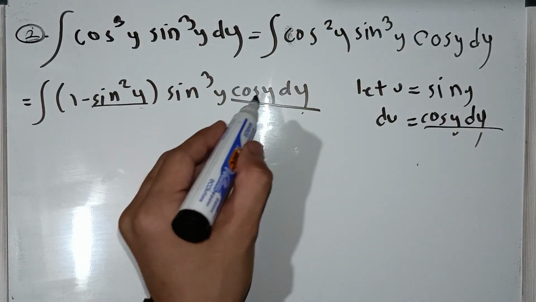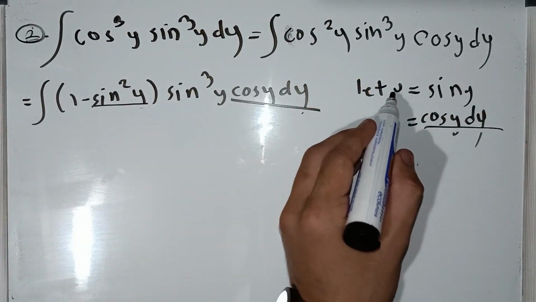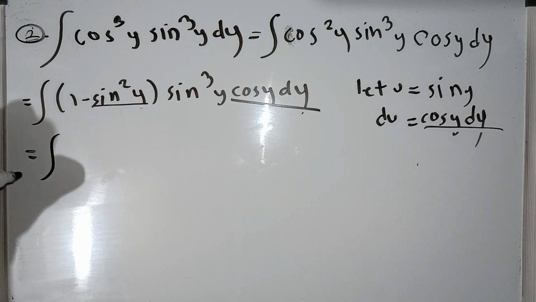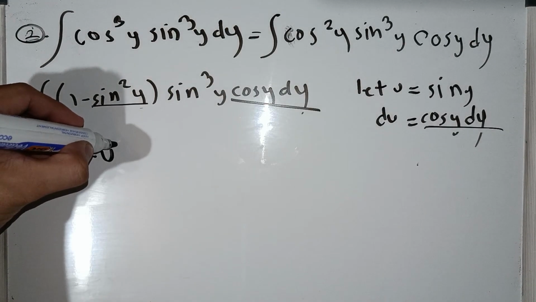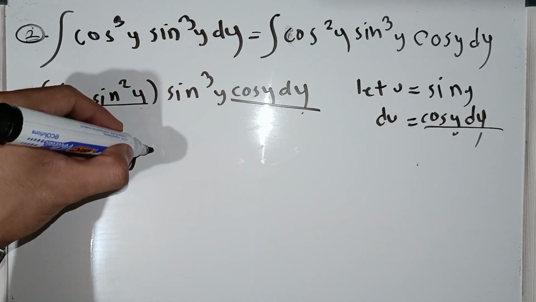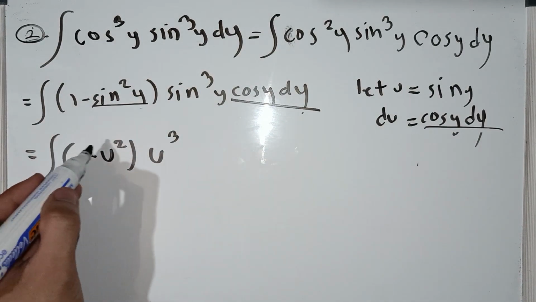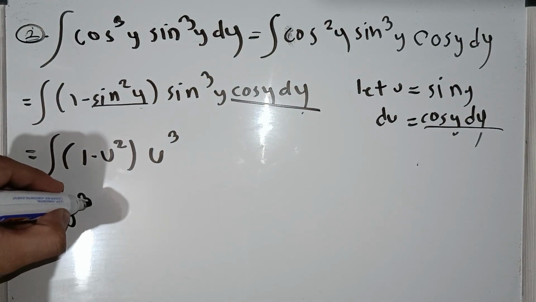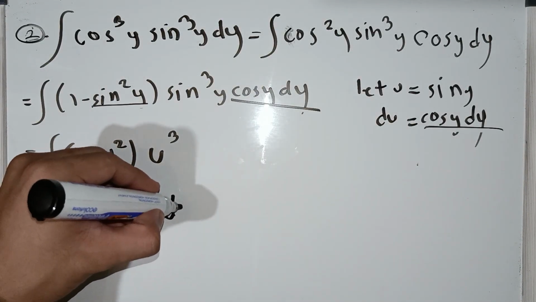Since we have this, which is equal to du, and this, which is equal to u, that will become the integral of 1 minus u squared times u cube. Multiplying it, that will become the integral of u cube minus u raised to 5 du.